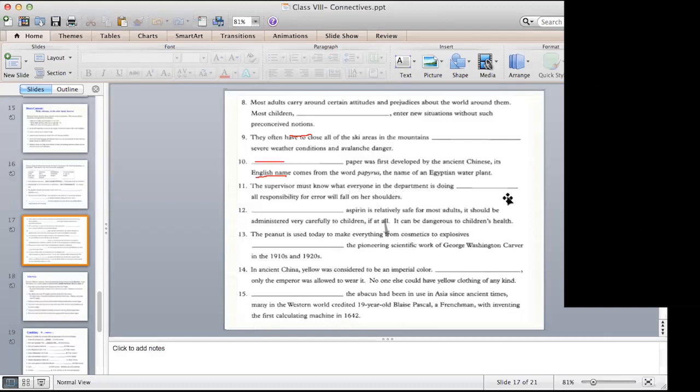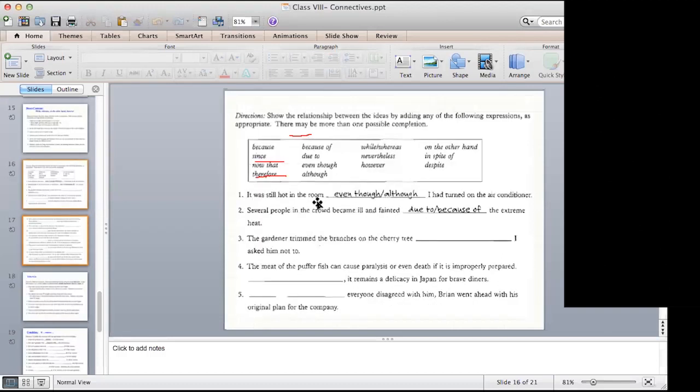Is it in spite of, despite, or because of, due to, because, since? What is the relationship between the two sentences here? The supervisor must know what everyone in the department is doing. Is it although all responsibility for error will fall on her shoulders, or because all responsibility for error will fall on her shoulders, or what?